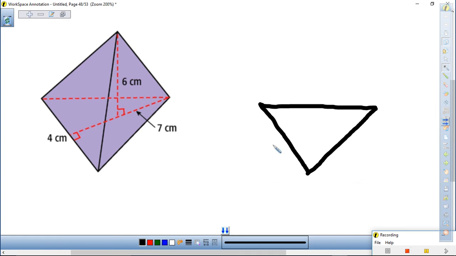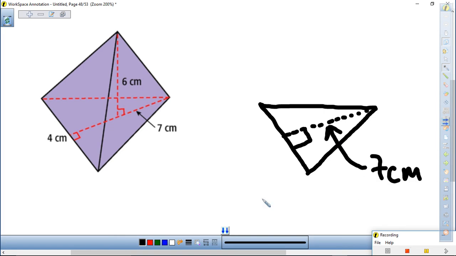Now, for that base, we do need a height, don't we? Yes. So let's indicate the height by a dotted line and a little right angle like this. And we're going to label that height 7 centimeters. The base of the triangle, we're going to label it 4 centimeters. Are we there so far?